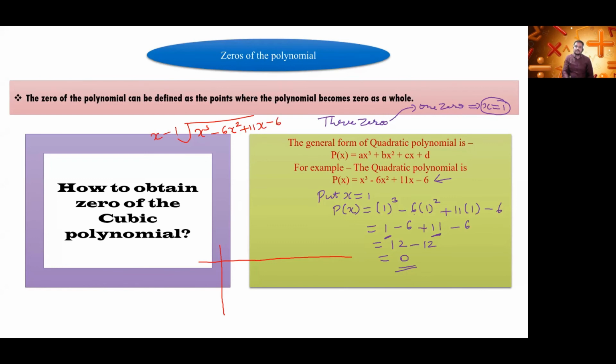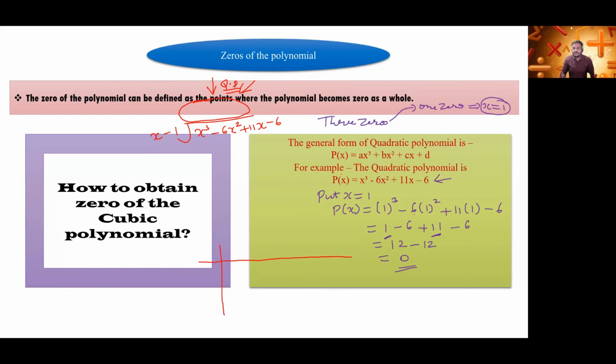You will divide it with x minus 1. And here you will get something and that will be a quadratic polynomial. Yes or no? Yes, sir. And again, you will find the zeros of this quadratic polynomial, and ultimately we will get 3 zeros. Okay. That is a correct approach. But what I am telling now, follow that.